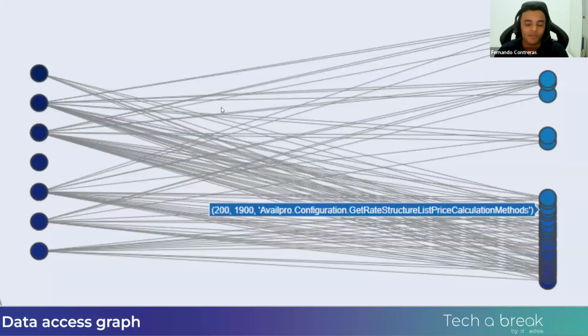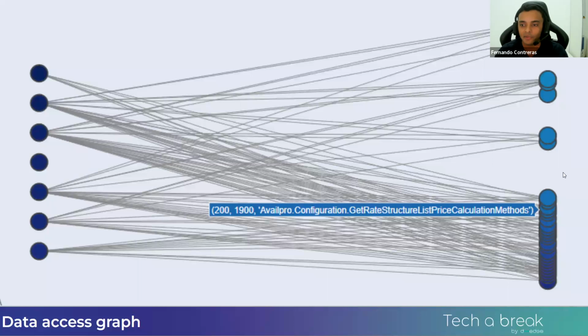We can also have information about the computation, the data access graph. What you see at your left, the nodes, are the different services of the system. At right, you see the different stored procedures. And it is very interesting because here you can see how the same stored procedures are being accessed by different services.